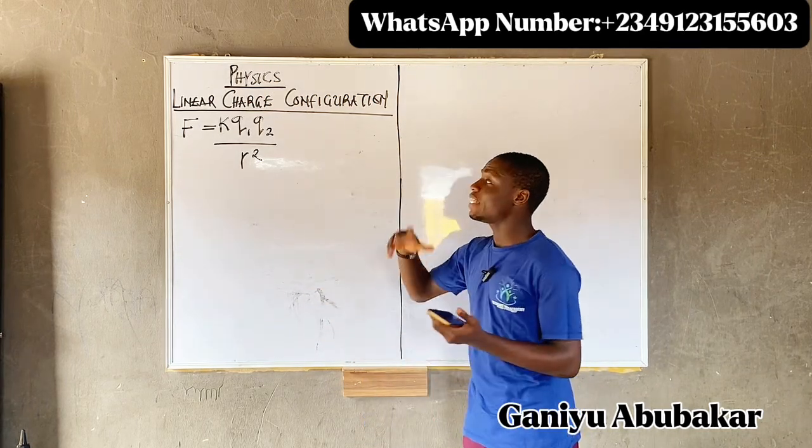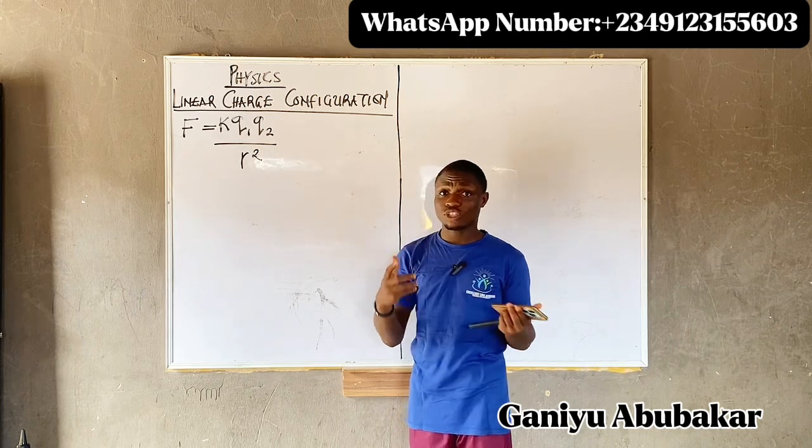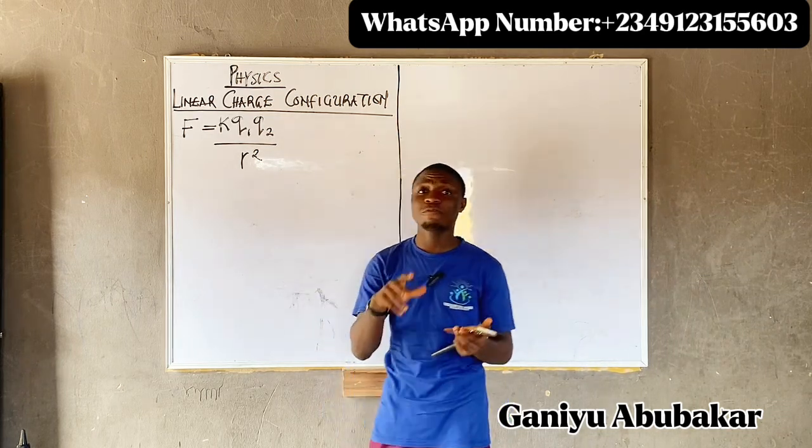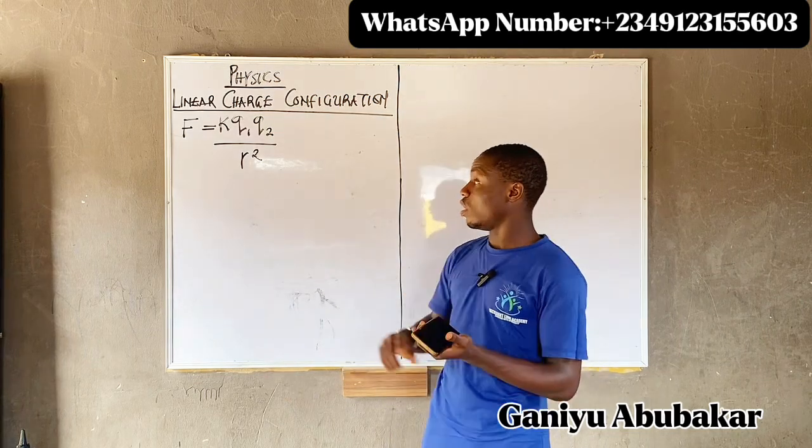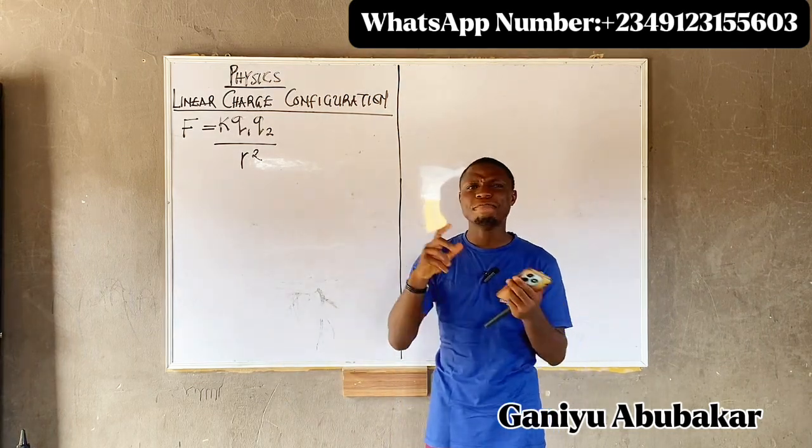Now I'll take this law in terms of vectors. I said last class that you have to be familiar with the concept of vectors well before you dive into Coulomb's law in vectorial form.